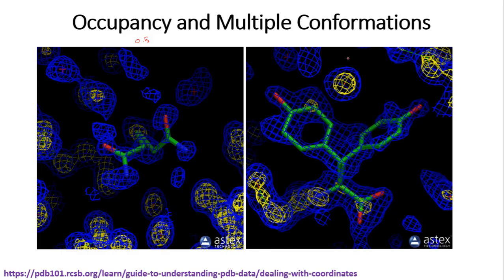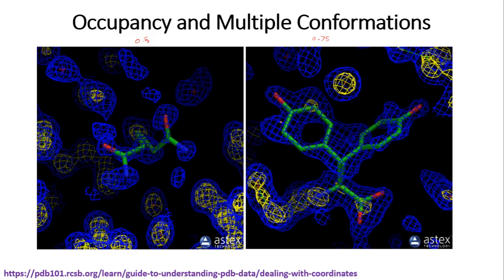Say, for example, if 75% of the time it is oriented in this way, the occupancy would be 0.75, and so on and so forth, right? So the occupancy indicates multiple conformations if the atom is involved with them.